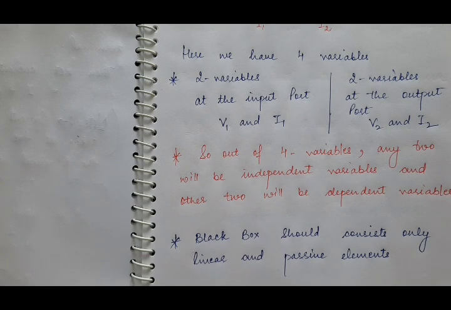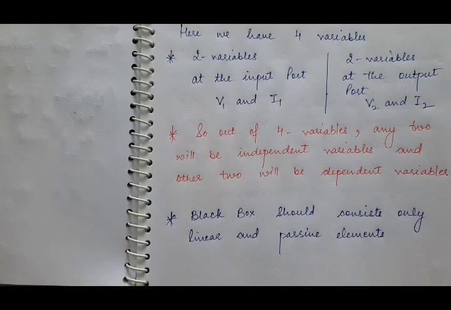Then what are the conditions that the black box, the circuitry, must satisfy? The black box should consist only of linear elements and passive elements like resistor, inductor, capacitor.